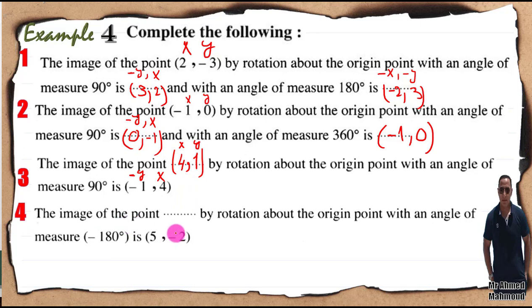Here the point what by the rotation about the origin negative 180 makes the point negative x, negative y, and I need to make it x and y, so it will be negative 5 and positive 2.